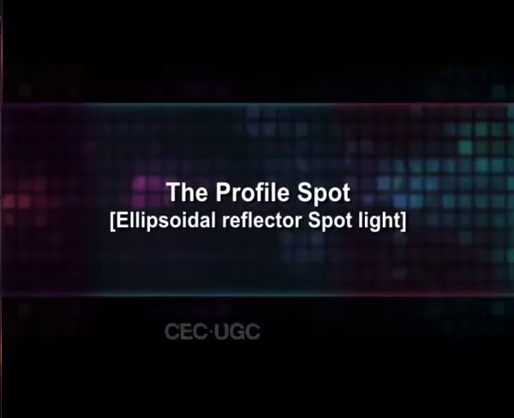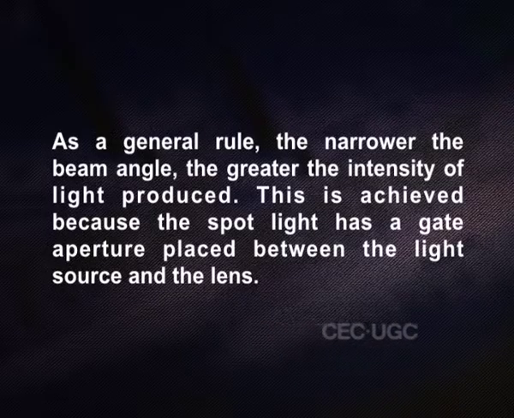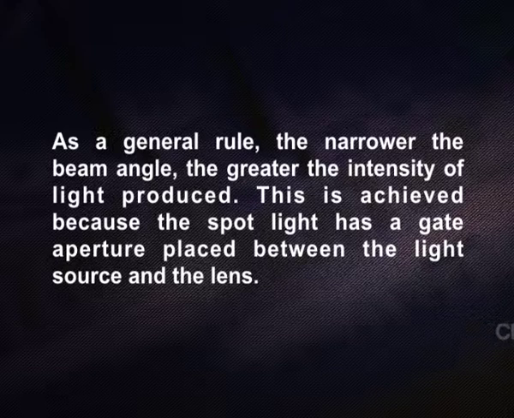The profile spot, ellipsoidal reflector spotlight. The profile spot provides a hard-edged beam of light. This beam is of a fixed size, is very intense and has minimum flare outside the beam. As a general rule, the narrower the beam angle, the greater the intensity of light produced.